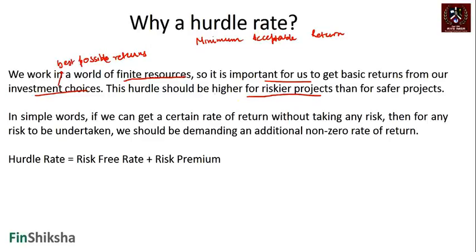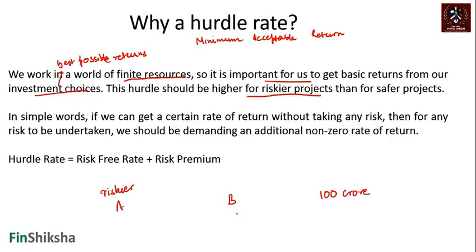That's logical, right? If there are two factories available in the city, but one has a chance of failing because of older technology, let's say you have a factory A and a factory B, and B is the riskier factory. Let's say my output from both of them can be 100 crore.